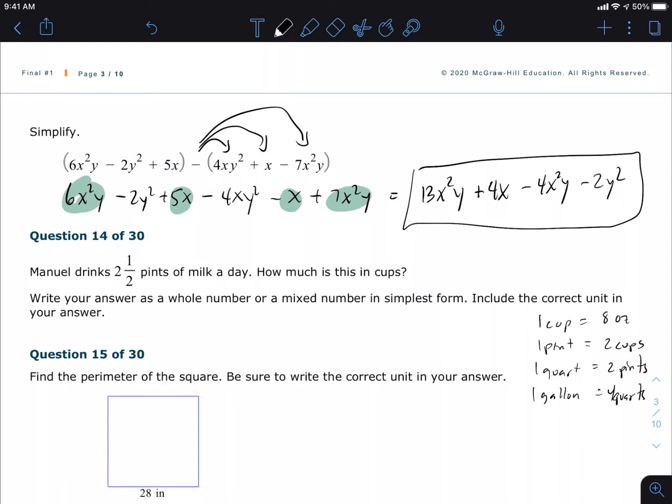Just so you guys have it. So then 2.5 pints of milk each day would be, each pint is 2 cups, so that's 4, and then a half of a pint is another cup, so it should be 5 cups that he drinks a day. Does that make sense?